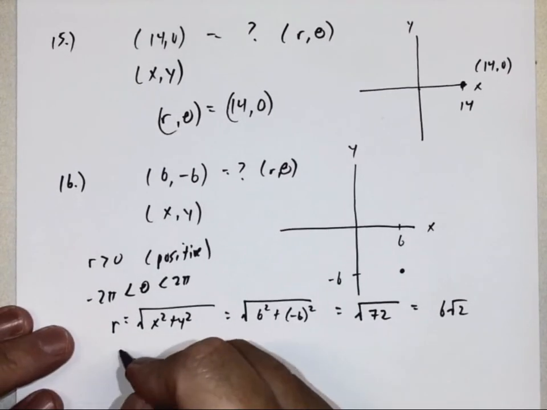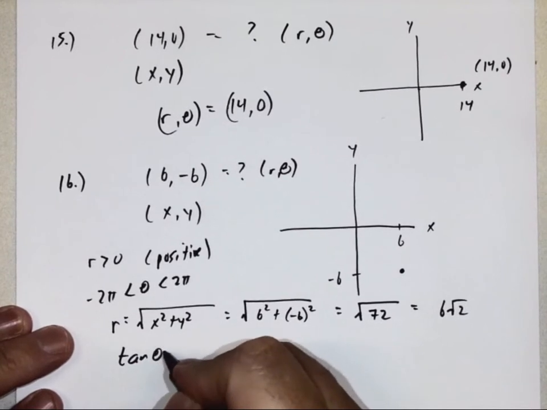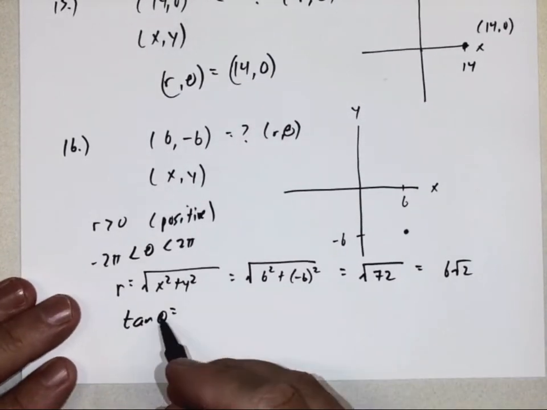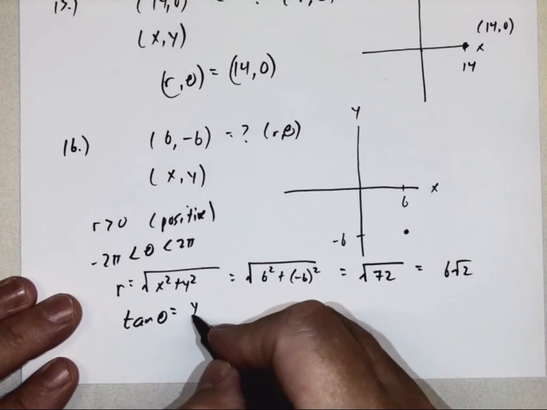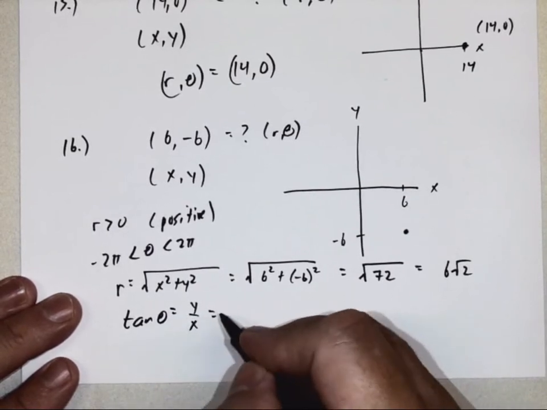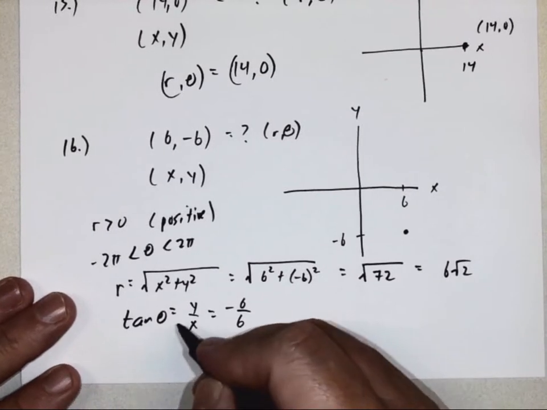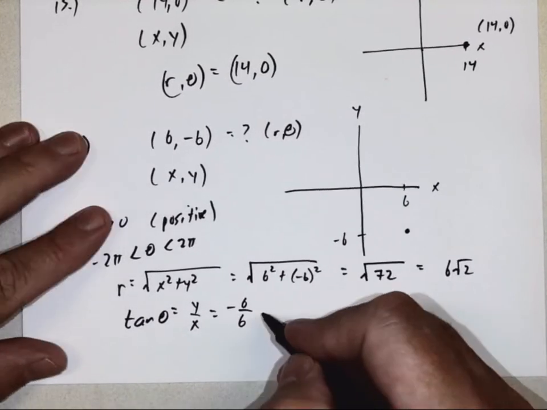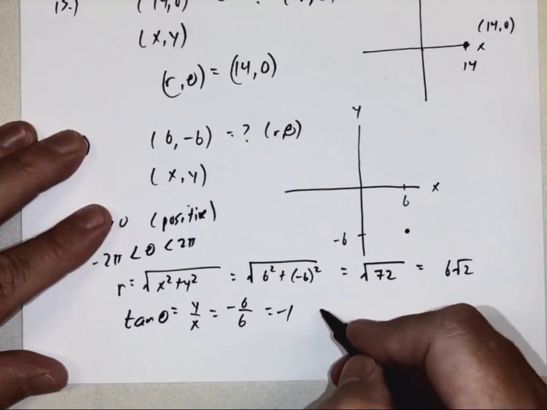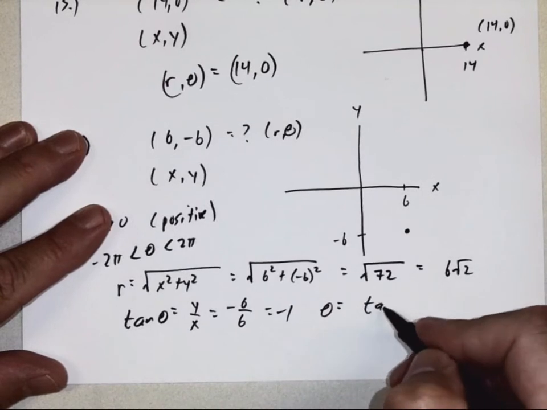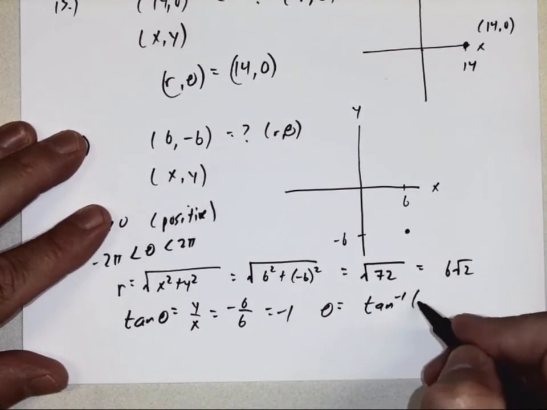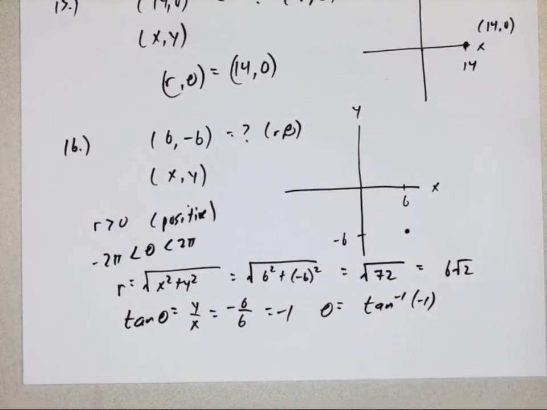To find the angle, tangent of theta is y over x. Y is negative 6. X is 6. Here's where you've got to be careful, because we have to take the inverse tangent of negative 1. I should be able to do this in my head.